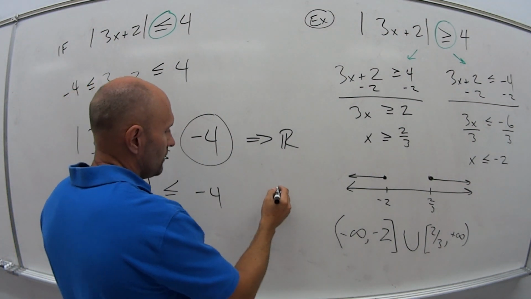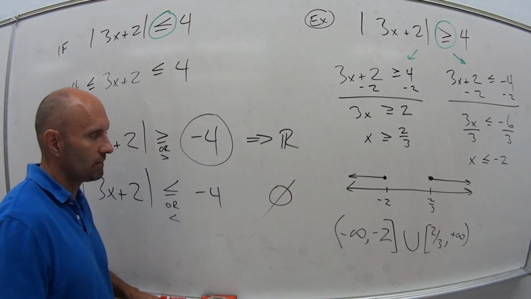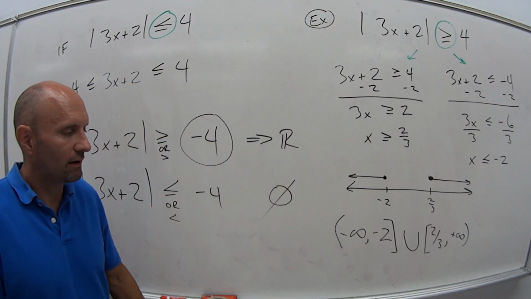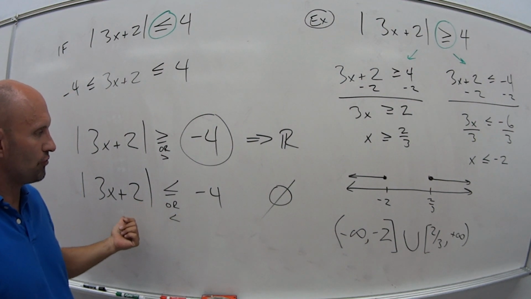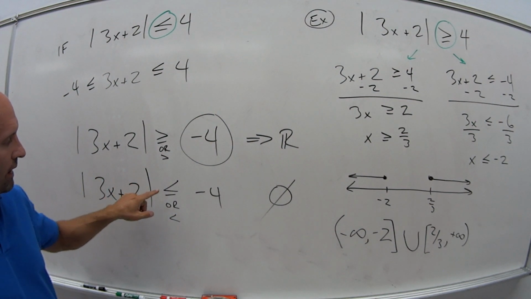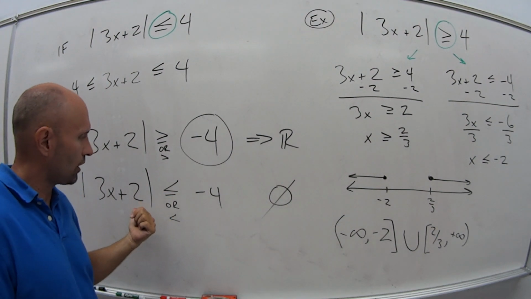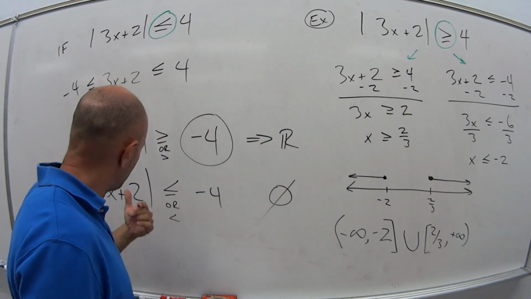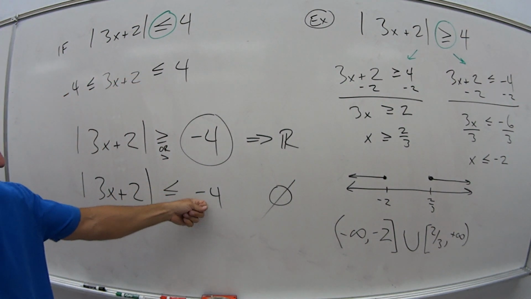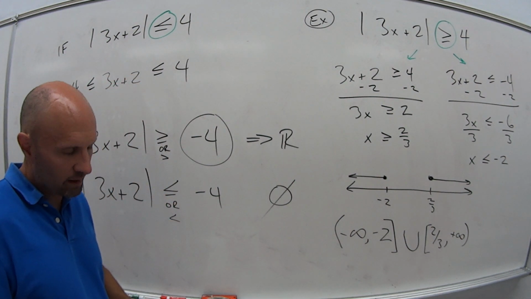And the answer is none, right? Empty set. We had this when we were talking about intersections and the elements didn't overlap. I can never have an absolute value less than a negative value because this will always be positive. So the answer is just empty set. It doesn't exist. I can't pick a number for x that will give me a negative number because I'll be taking absolute value.